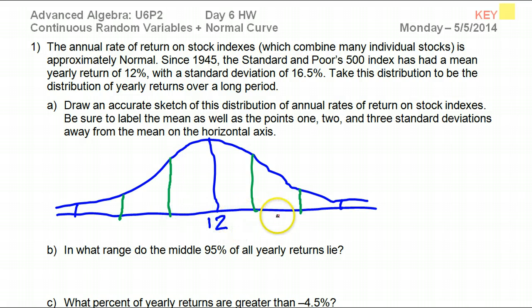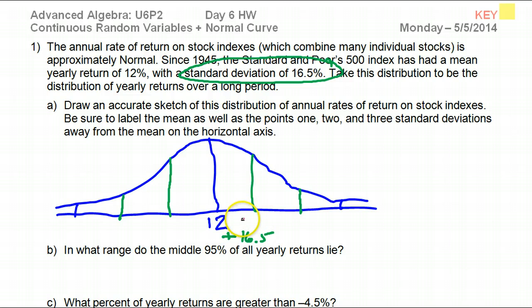All right, every one of these lines is 1 standard deviation over. So the standard deviation, we're told, is 16.5. So if I do 12 plus 16.5, plus 16.5, that's going to give me 28.5.